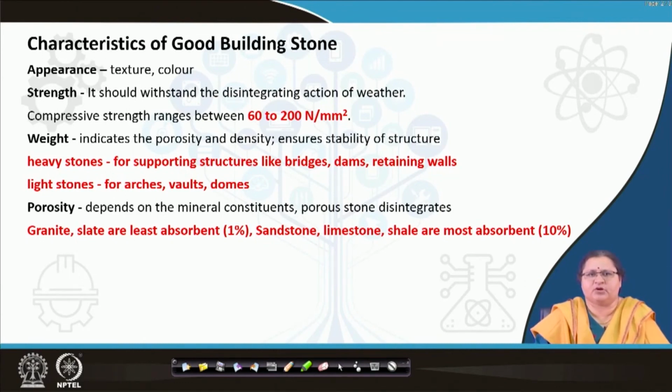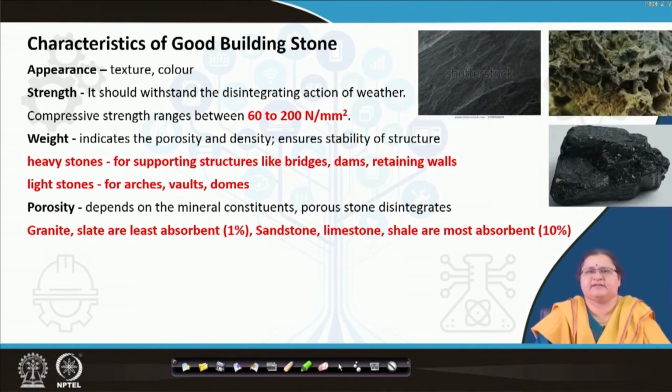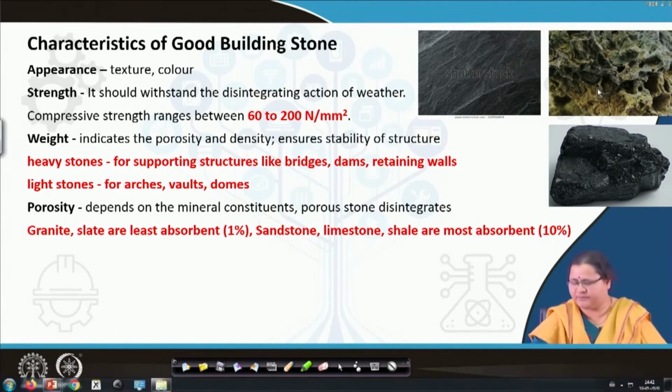The porosity also you can understand if it is having different structures. You see the three images. The image here, as you see, is quite porous, whereas this is quite dense.